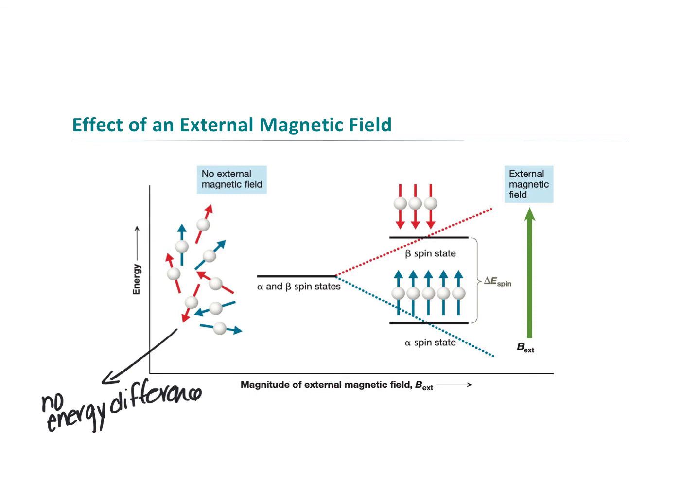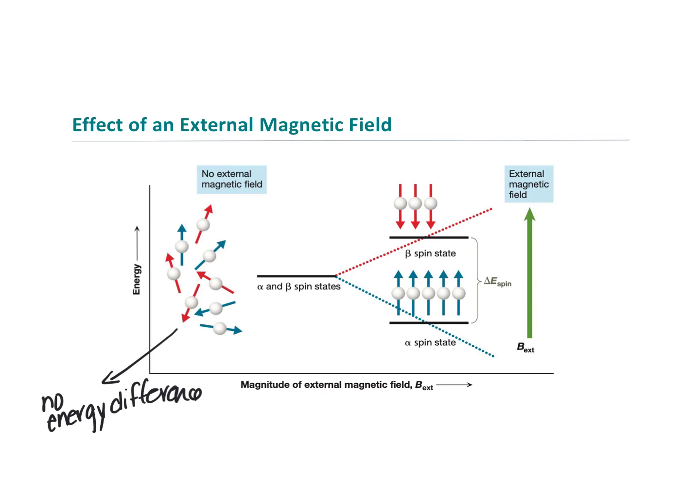They're just all over the place, random. And the magnetic dipoles of the protons, as we can see, are just pointing in random directions. Now, this is similar to what we would observe if we were to just grab several bar magnets and toss them on the floor. They just go in all sorts of different directions. Unless two of the magnets are close enough to affect each other, they end up with random orientations.